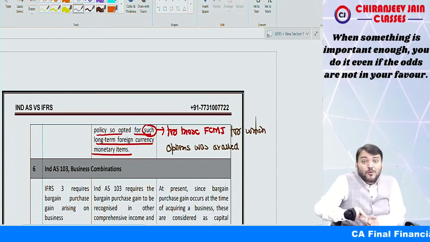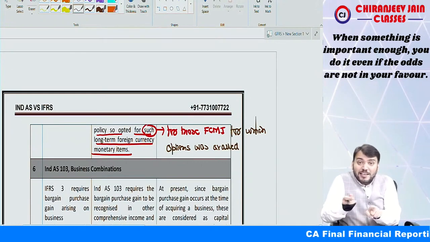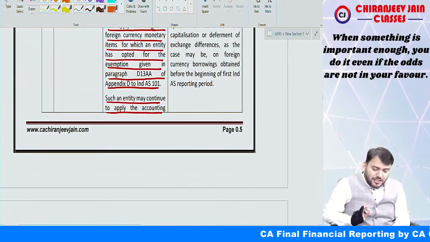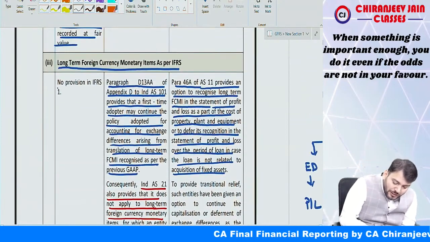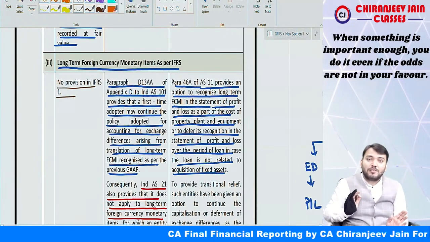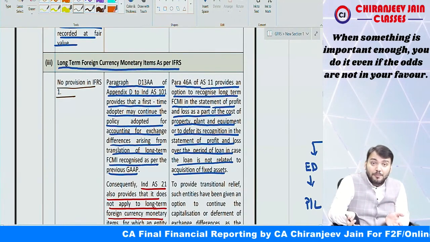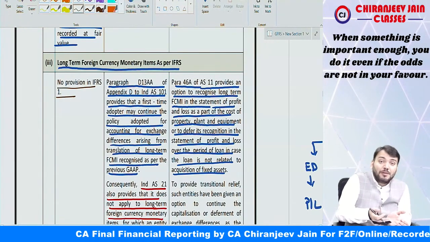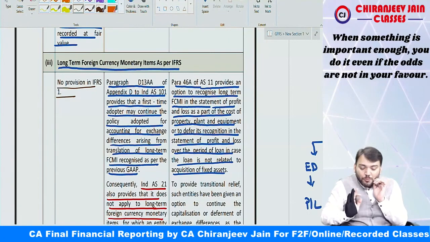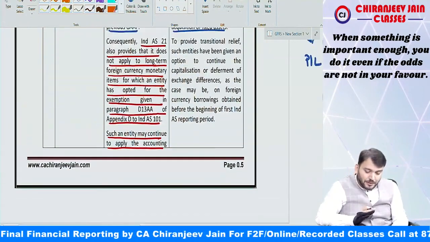Means for any new foreign currency monetary item they need to apply Ind AS 21 only. I hope you have understood. This provision is not given in IFRS 1 because under IFRS 1 as per previous GAAP there was no para 46. I hope you have understood. Yes sir. Correct?